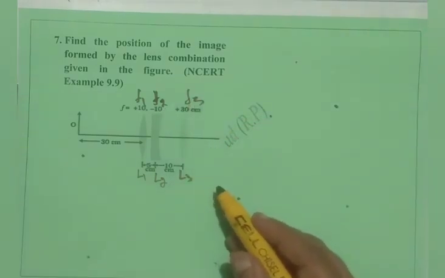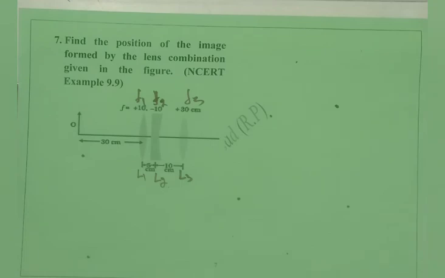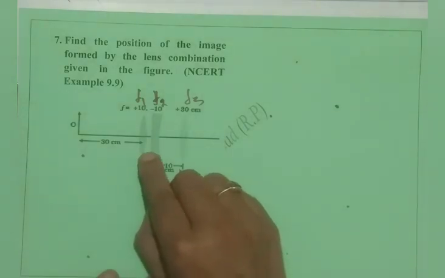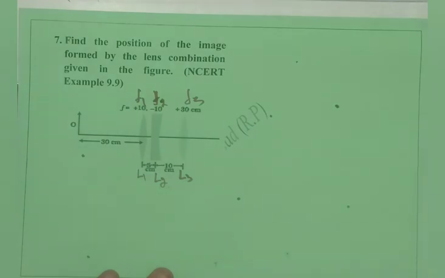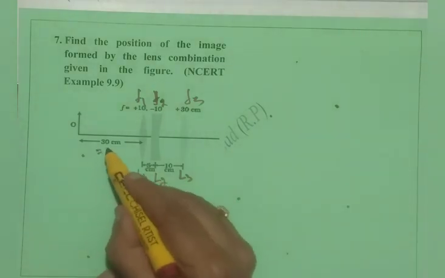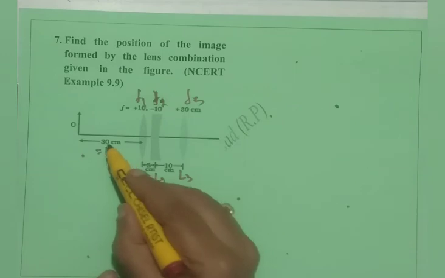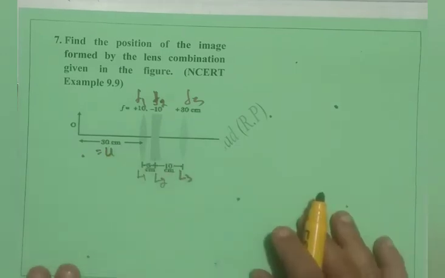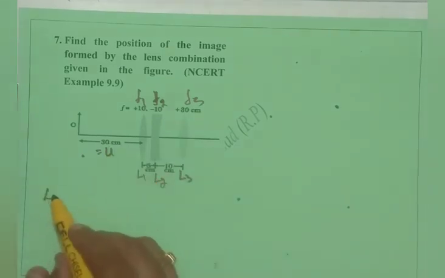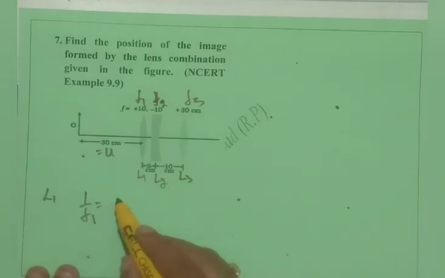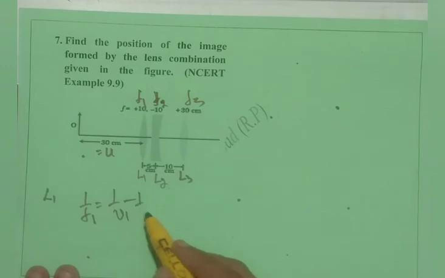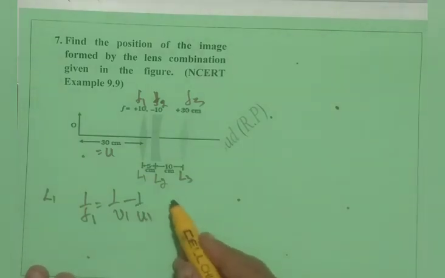So how to solve this problem? This type of problem we have to solve like this. First we imagine only one lens and calculate its image distance. Since 30 centimeter is given as the object distance, we take it as U, in fact with a minus sign. Now for the first lens L1, I calculate V1. We write the formula 1/F1 equals 1/V1 minus 1/U1.